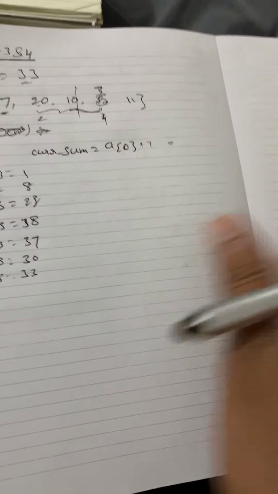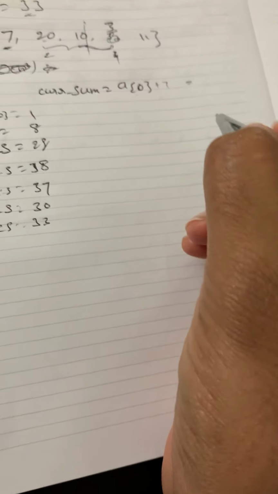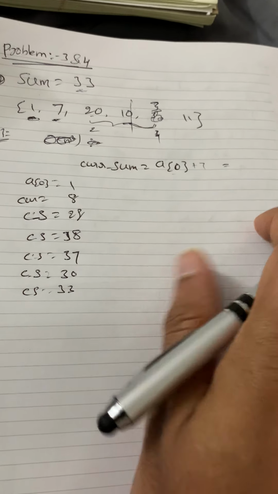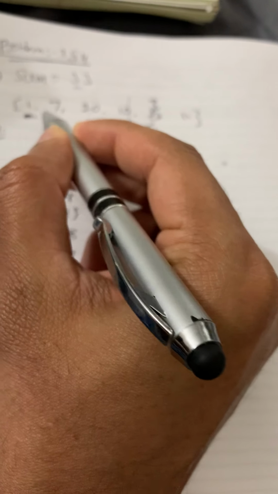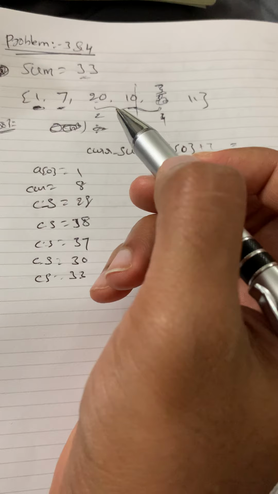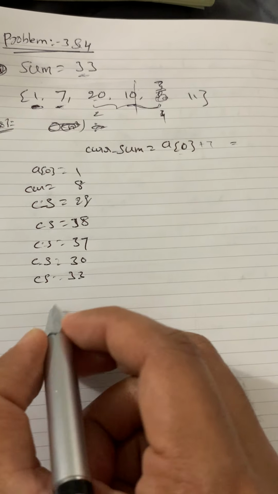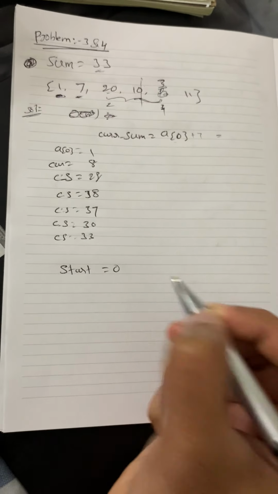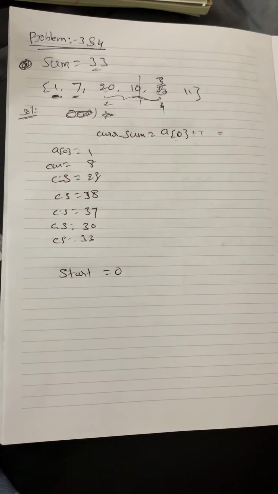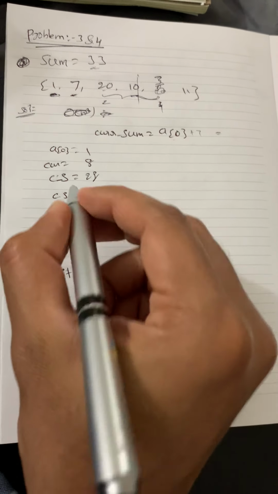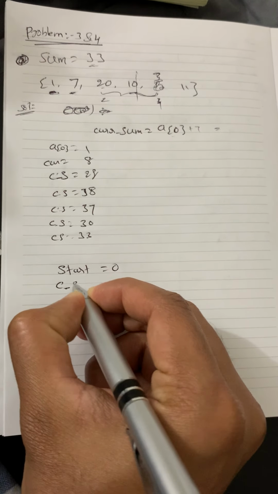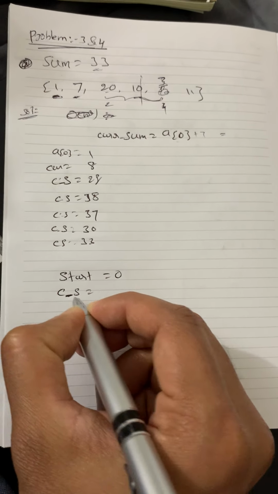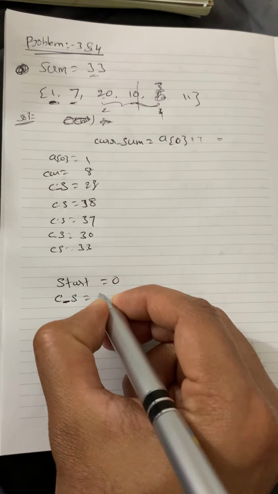So basically the program looks like this. Initially we need something that is holding information about 1, which is element 0. So I will take one variable, start equal to 0, because it is going to be a starting point. And like I said, I will be taking current sum, c underscore s.